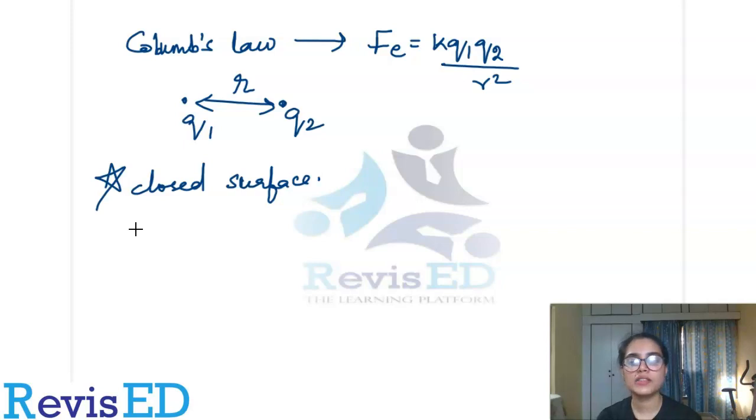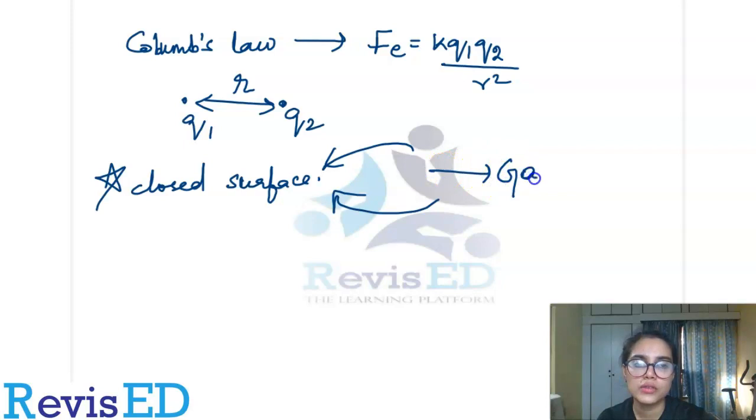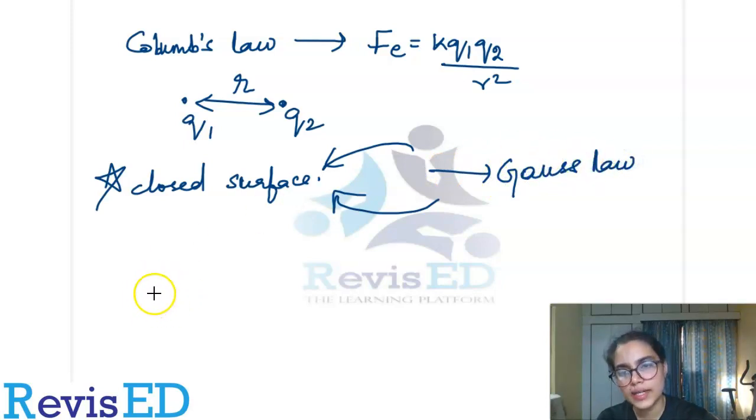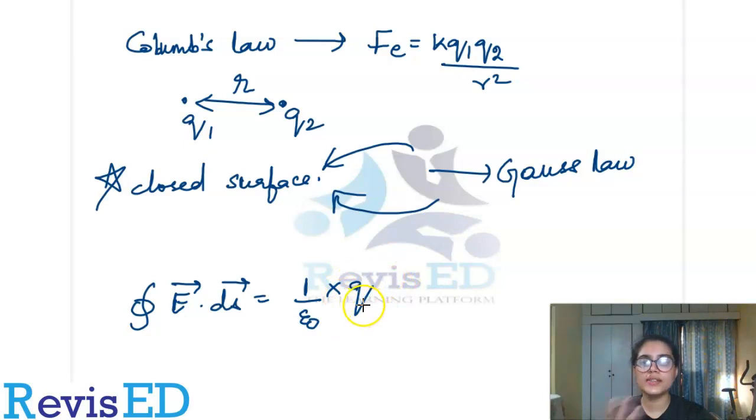It explains the electric charge present in the enclosed, or closed, surface. Whatever charges are present in this enclosed surface is given by Gauss law. It says that for a closed surface you have the integral of E dot dS equal to 1 by epsilon naught times the charge enclosed by this surface.